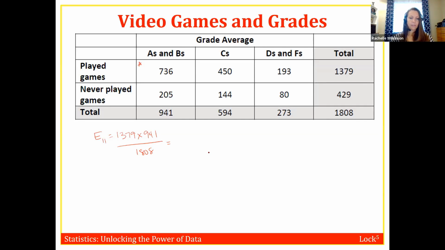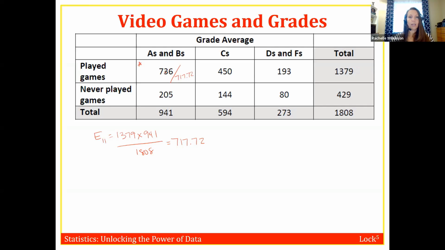I get 717.72. And if you have your calculator with you, definitely do all these calculations along with me. It'll help you remember how to do them later. So I like to put it up here in my table too. So I'm going to have 717.72.